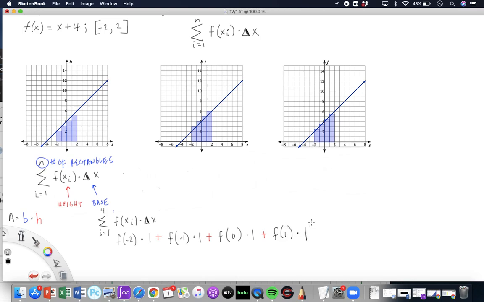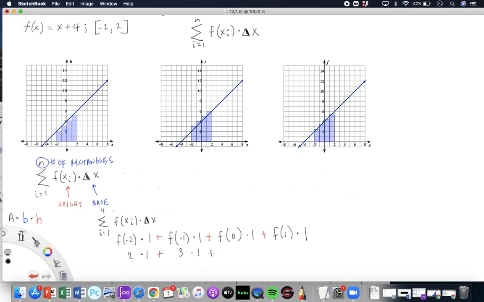times 1. And that's where I'm going to stop, because you'll notice that I've covered this rectangle right here, and we're talking about the left side. So that's where I get these numbers. Now, if I plug -2 into this function, that's just going to give me the value of y. So let's see, -2 plus 4 is 2. So we've got 2 times 1. And then plus f of -1, which, you can look at the graph, would be 3, but I can also plug it into the function, so I get 3 times 1.